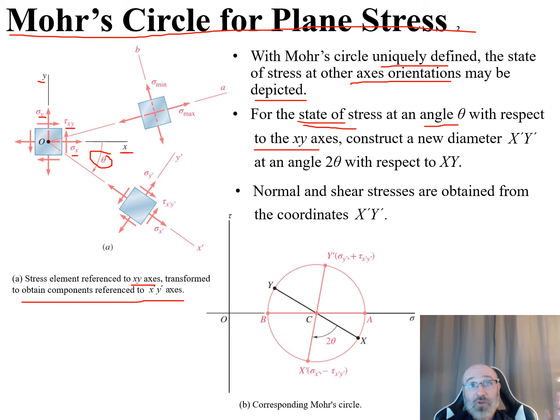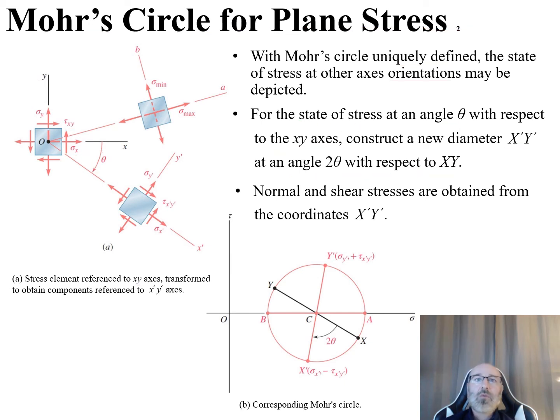So for our state of stress at that angle of theta with respect to that xy axis, we can now construct a new diameter, an x prime y prime, that's going to be at an angle of 2 theta with respect to our xy. So our normal and shear stresses are obtained from our x prime y prime coordinate system.